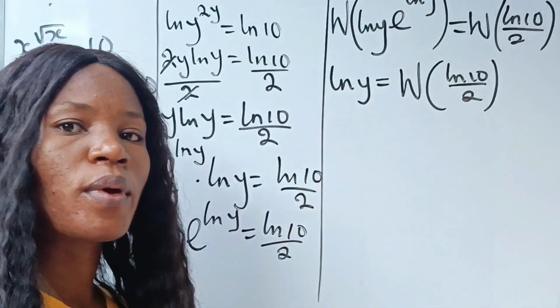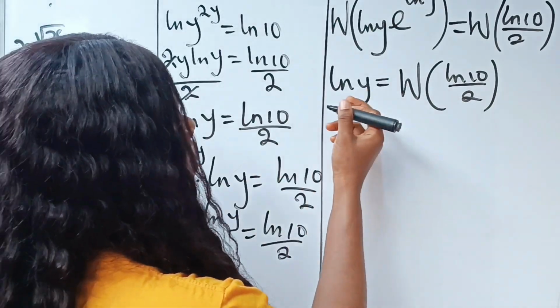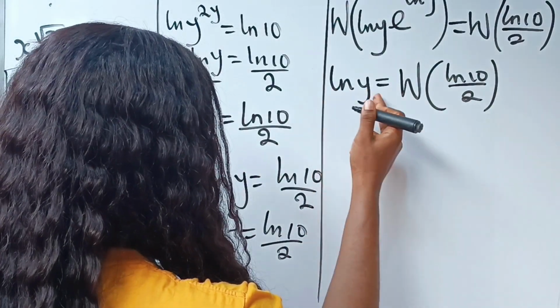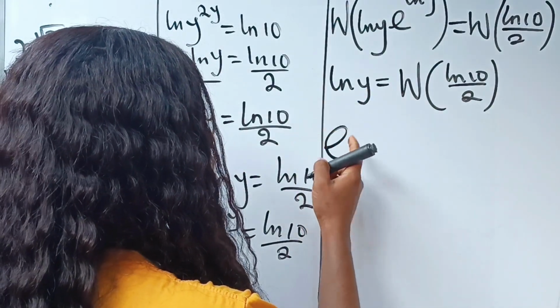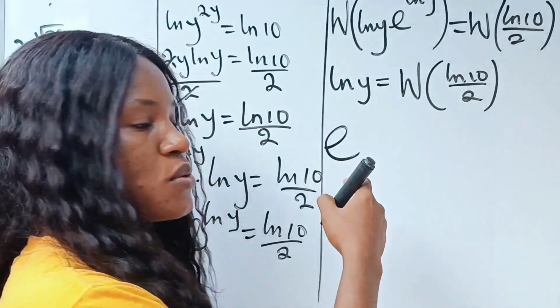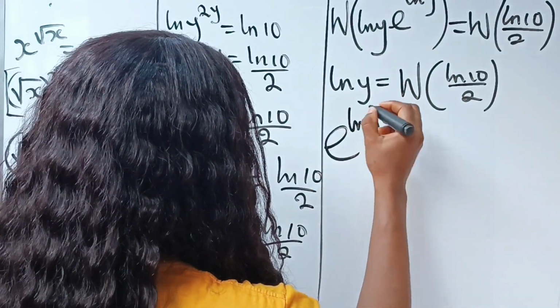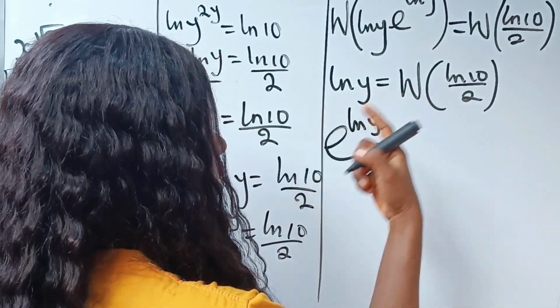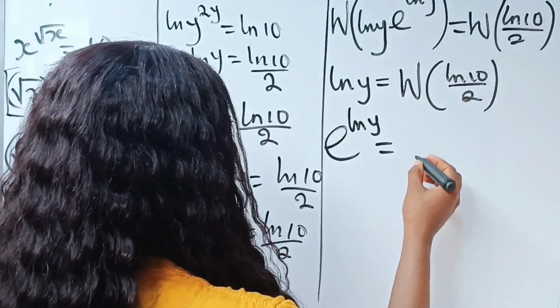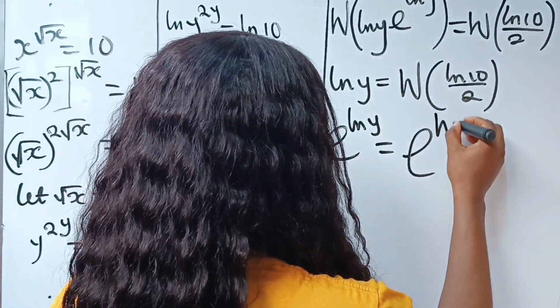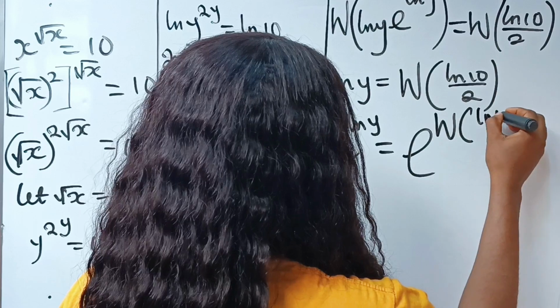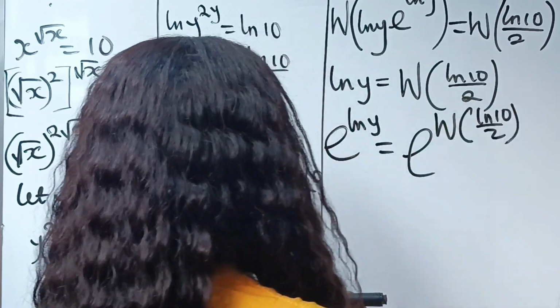Now this is what we have here. To get y out of ln y, all we need to do is to apply e as the base. So we have e to the power of ln y is equal to, whatever you do to the left hand side, you do to the right hand side, e to the power of W of ln 10 divided by 2.